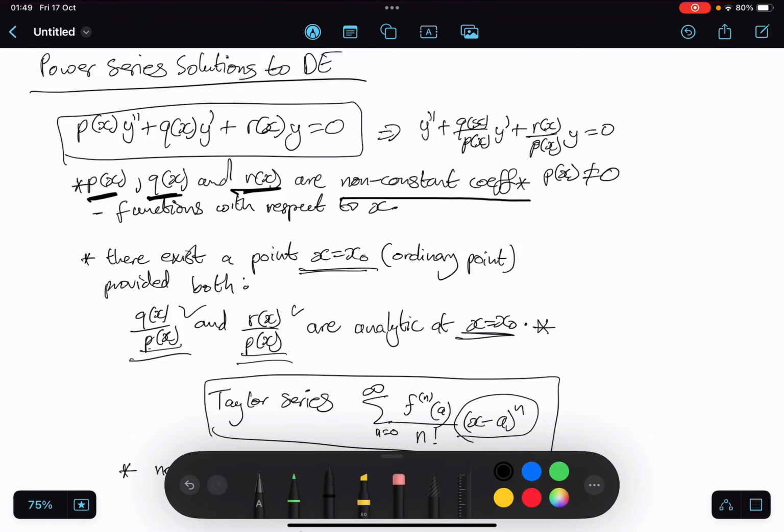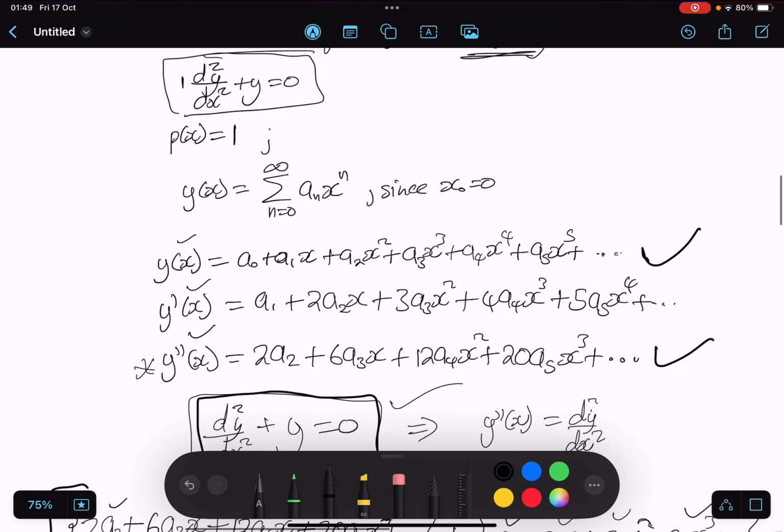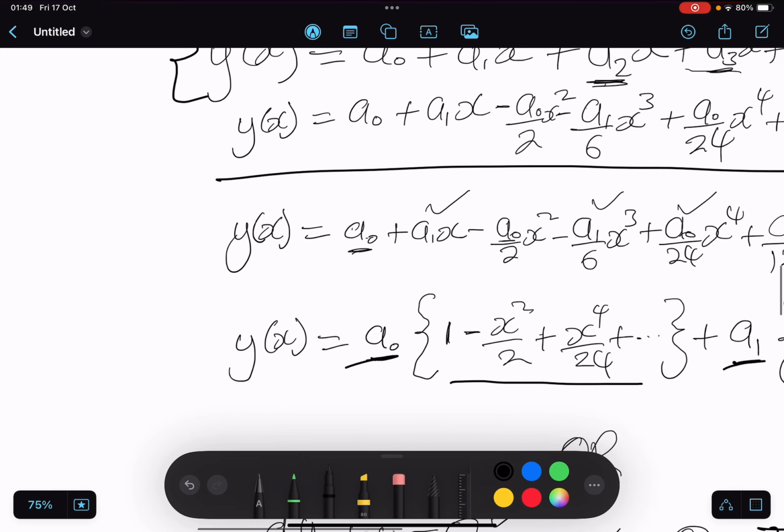They are polynomials, which means p of x shouldn't be equal to 0. So we are going to do more questions on that, and I'll be using the first method to solve those equations, but you can also use the second method.